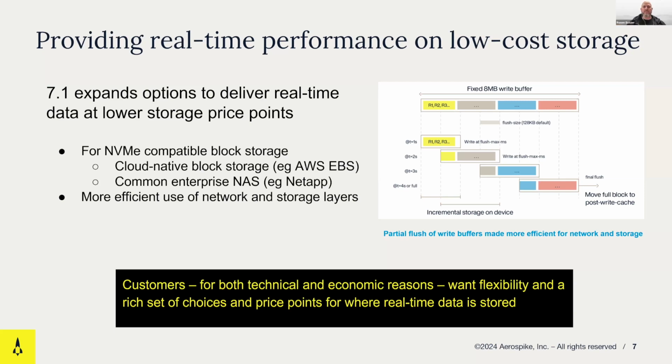The idea here is that you can have different namespaces configured different ways on the same hardware, or you can choose different instances and run Aerospike on all of them and get extremely good cost performance, right? That is really the secret sauce of Aerospike above all, that it is the database with the best cost performance of any database that we know of.